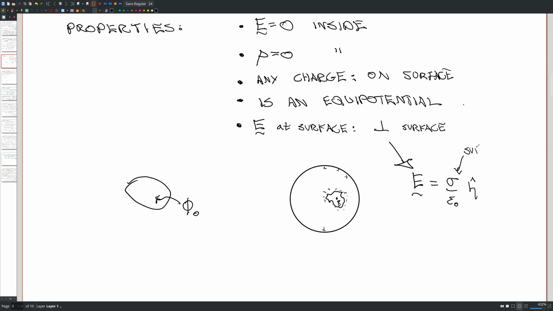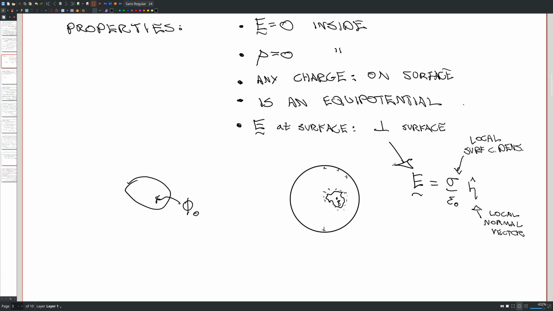So the surface charge density at a local place can vary. And n is, of course, the local normal vector.